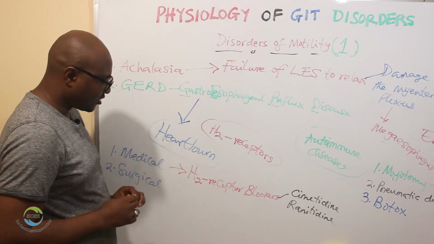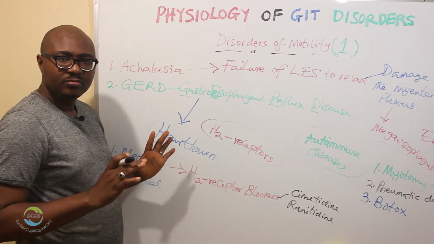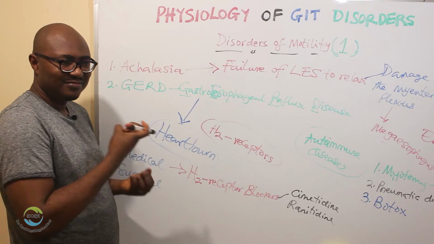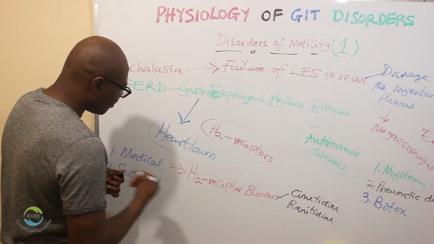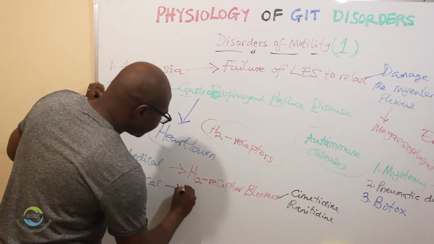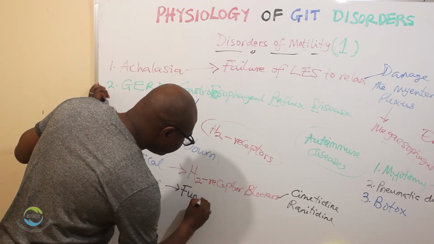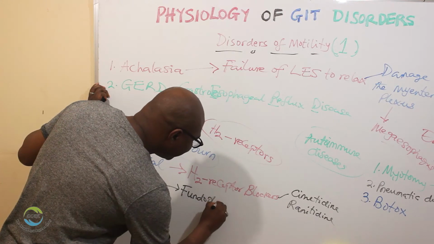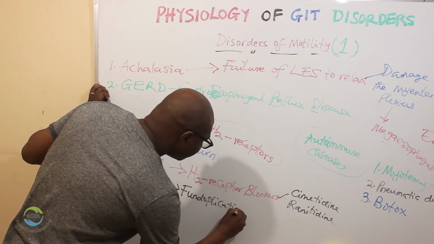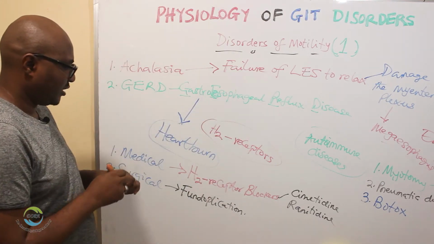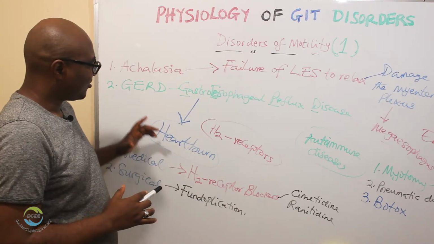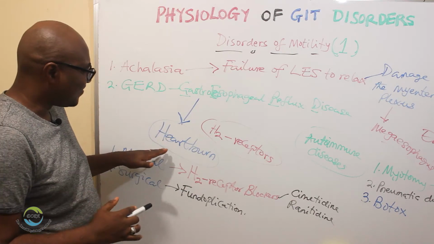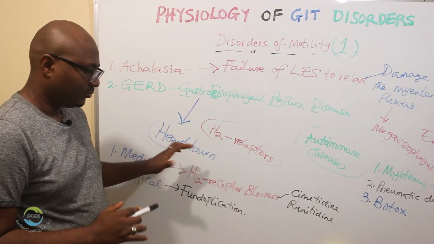So now surgical. How do we use physical manipulations to help this patient? The surgical solution is called fundoplication. That's the surgical procedure used to reduce the effect of this heartburn on the esophagus.